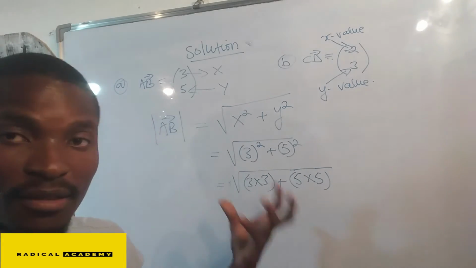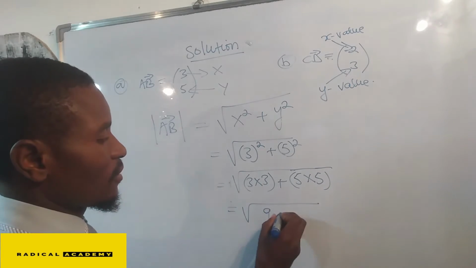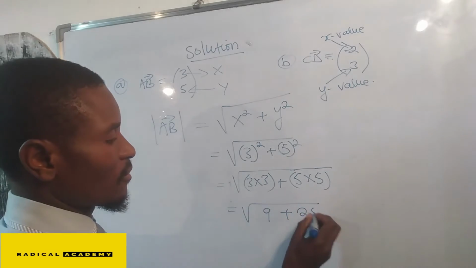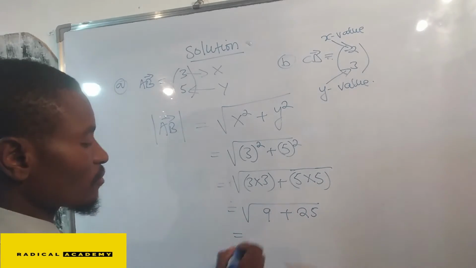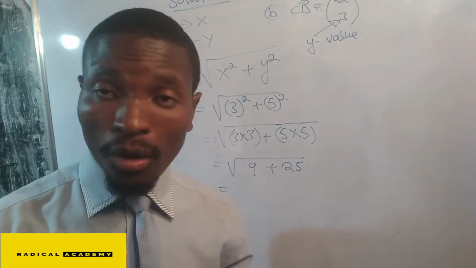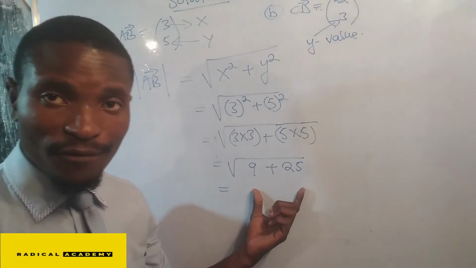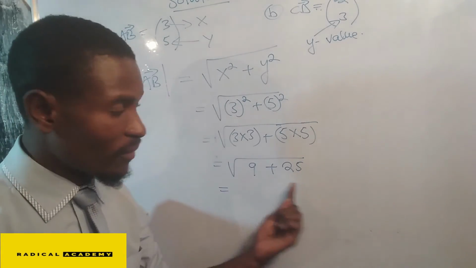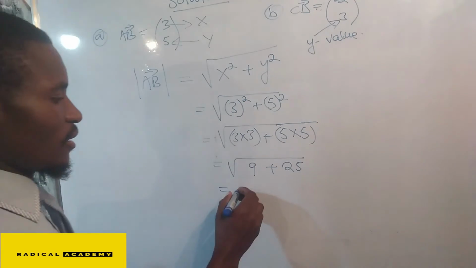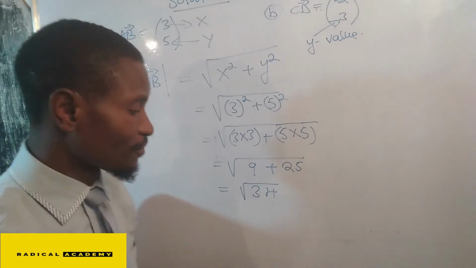So 3 times 3, you get 9, plus 25. So now you say 9 plus 25, which gives the square root of 34.